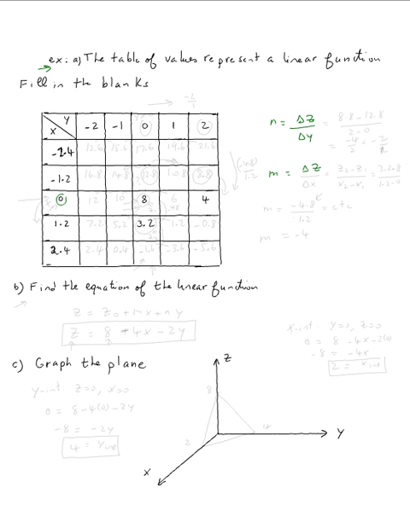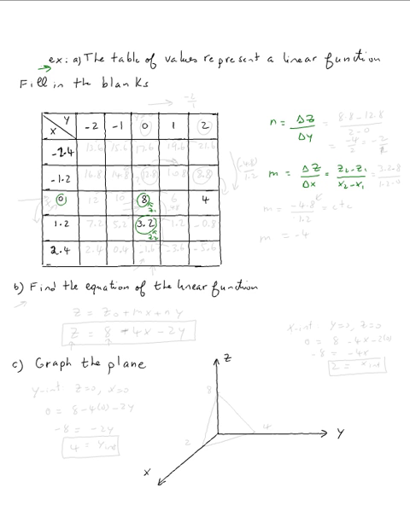Delta z over delta x. This is going to be z2 minus z1 over x2 minus x1. So I'm using, here's z2, here's z1. So this is z2, this is z1.